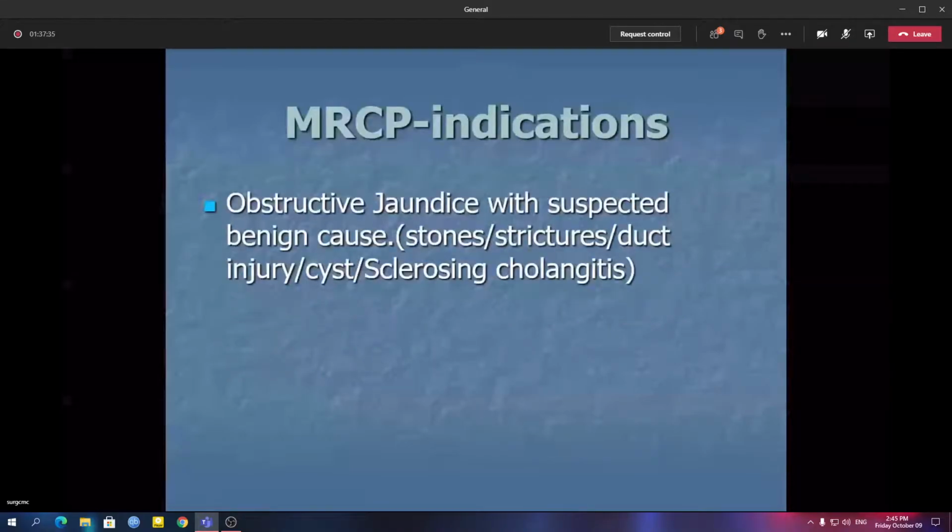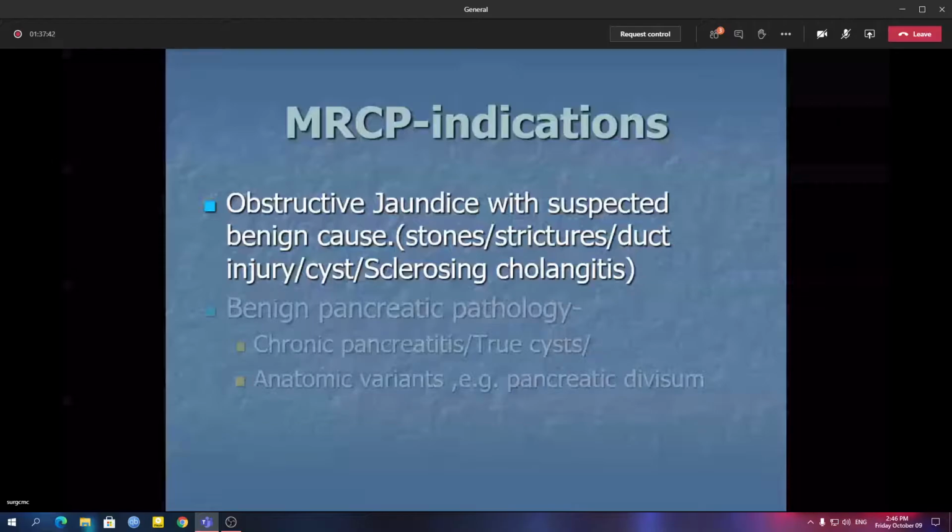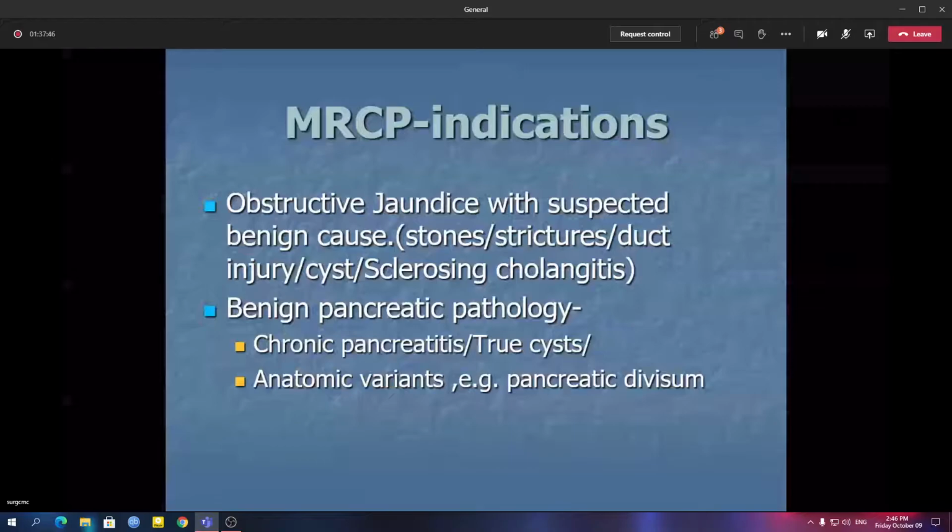MRCP is nothing but MRI of the hepatobiliary pancreatic region, to diagnose a number of hepatobiliary pancreatic pathologies, particularly intraluminal. If there is a stone within the pancreatic duct or the common bile duct, MRCP is a much more sensitive investigation.